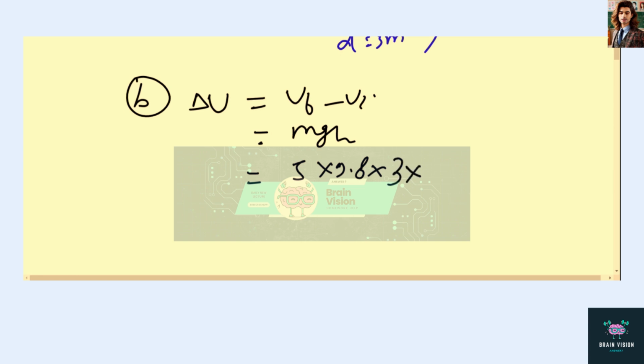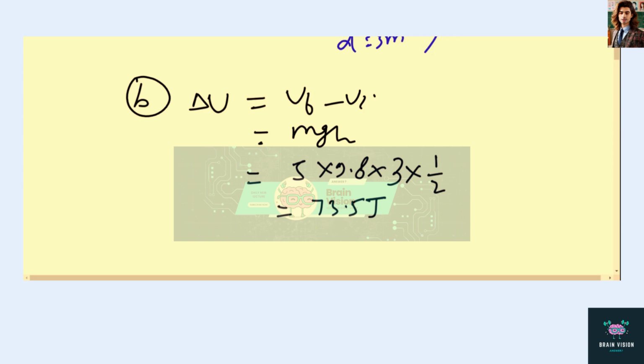The distance is 3 meters, and sine 30 degrees is 1 by 2, so this becomes 73.5 joules. This is the change in potential energy.